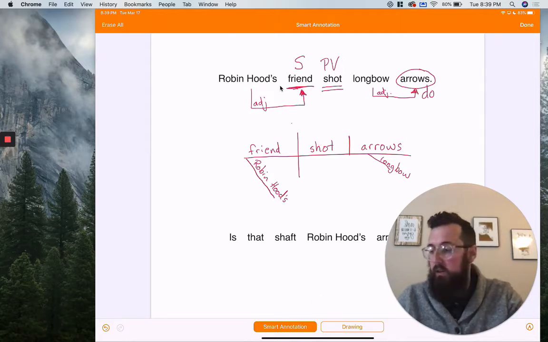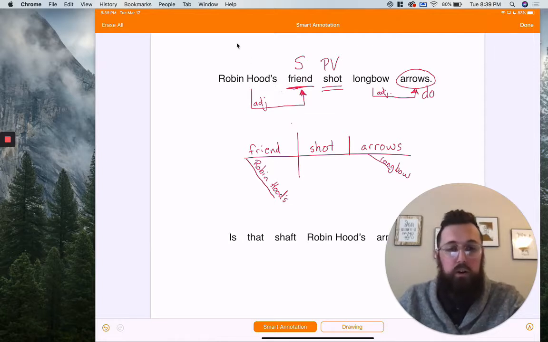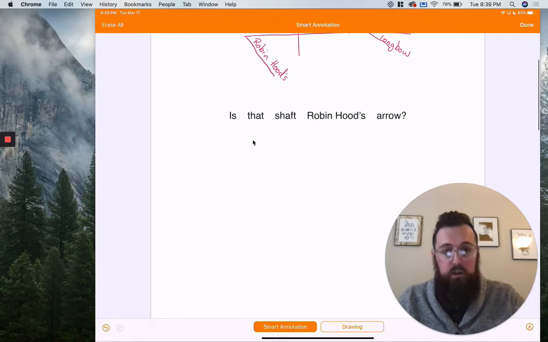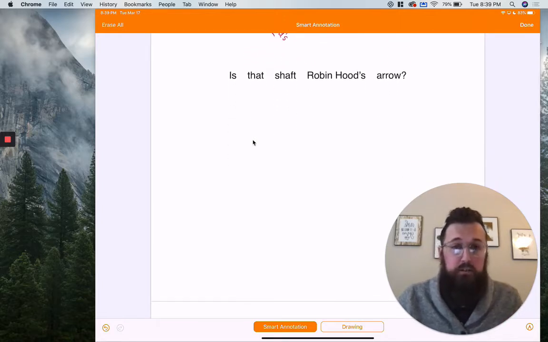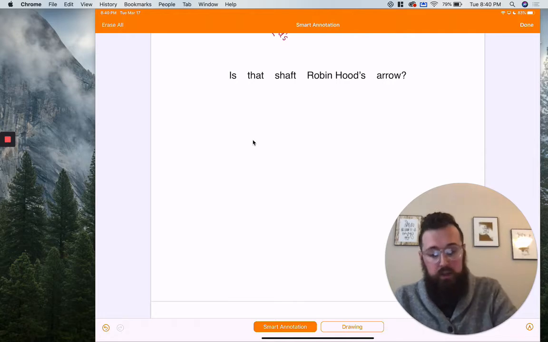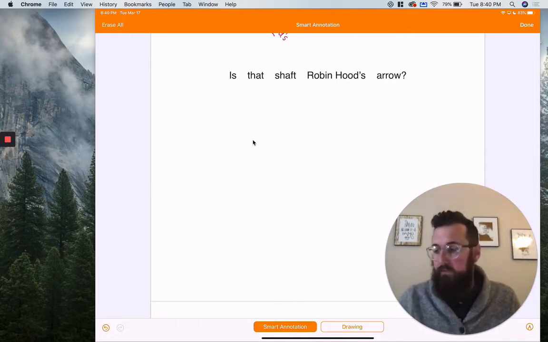All right, let's look at another one. Is that shaft Robin Hood's arrow? So this one's going to be an interrogative sentence. What is my sentence about?